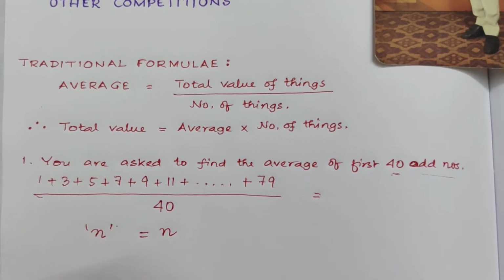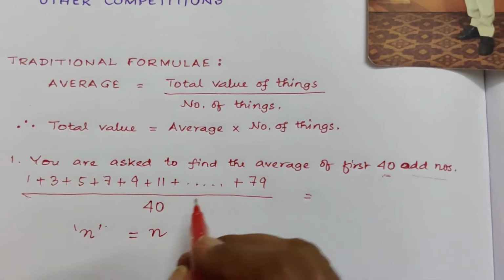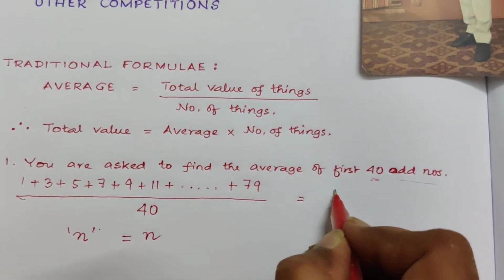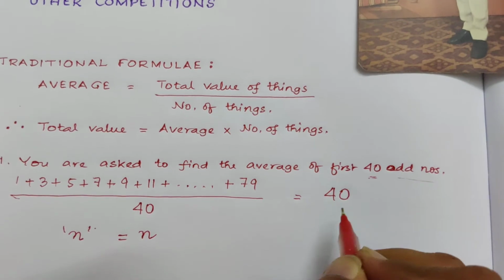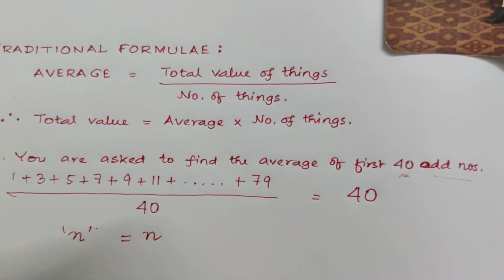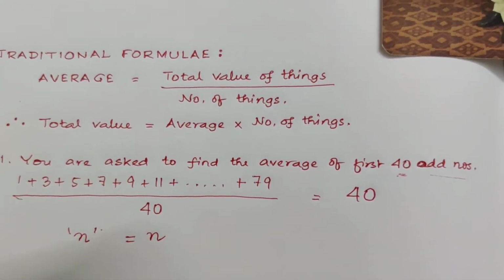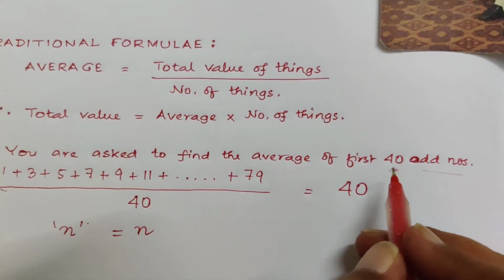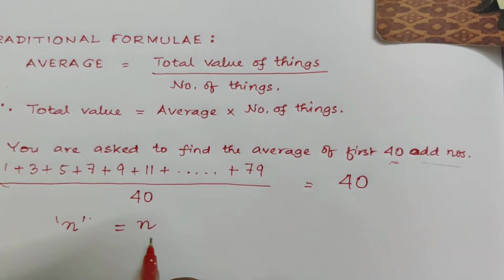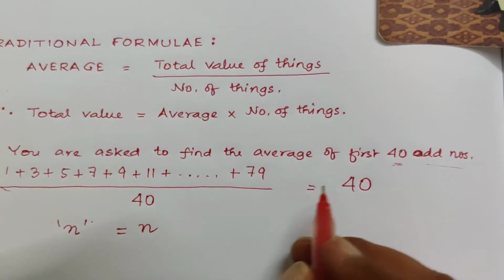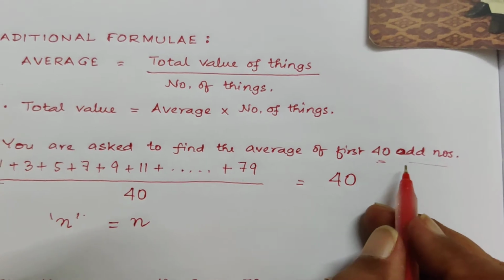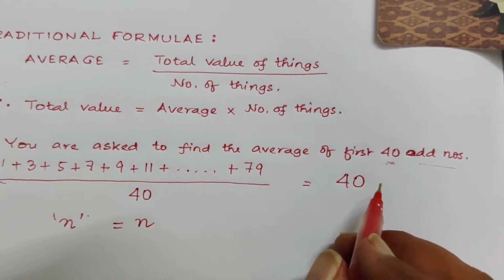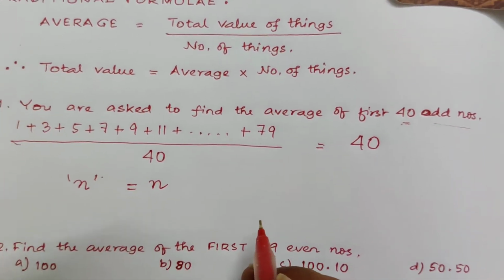Surprised? Definitely. If the number of odd numbers is 40, then our average will be 40. Just check it out for yourself if you have any doubt. If we need to find the average of the first 80 odd numbers, our answer will be 80. If we have to find the average of the first 100 odd numbers, our answer will be 100. Just mark it. Simple, isn't it?